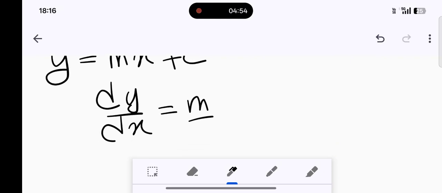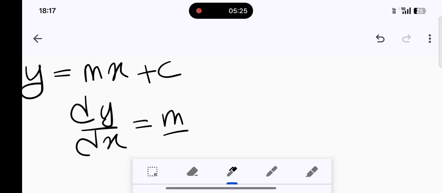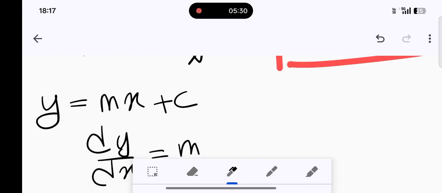Now in that case, you can see that m we can't actually replace by 0 the way we did for c. So m can be replaced here: m equals y minus c divided by x, right?